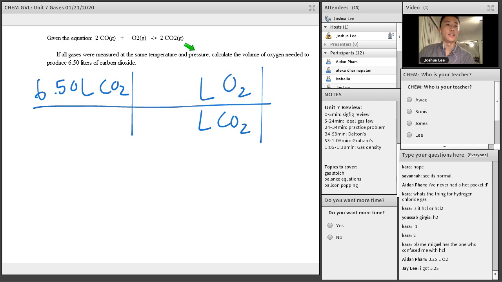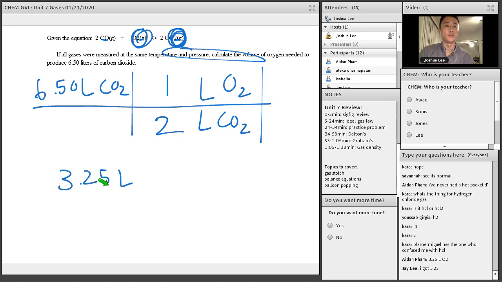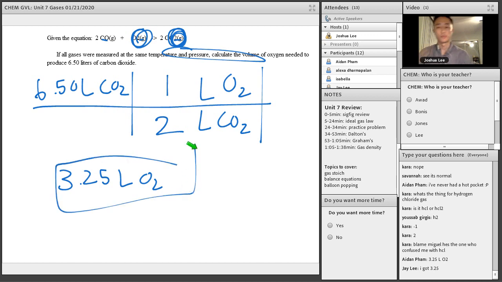Since they're at the same temperature and pressure, we can use the coefficients as the volume ratios. So for every 2 CO2s, there's 1 O2. So this becomes 3.25 liters of O2. That's gas stoic.